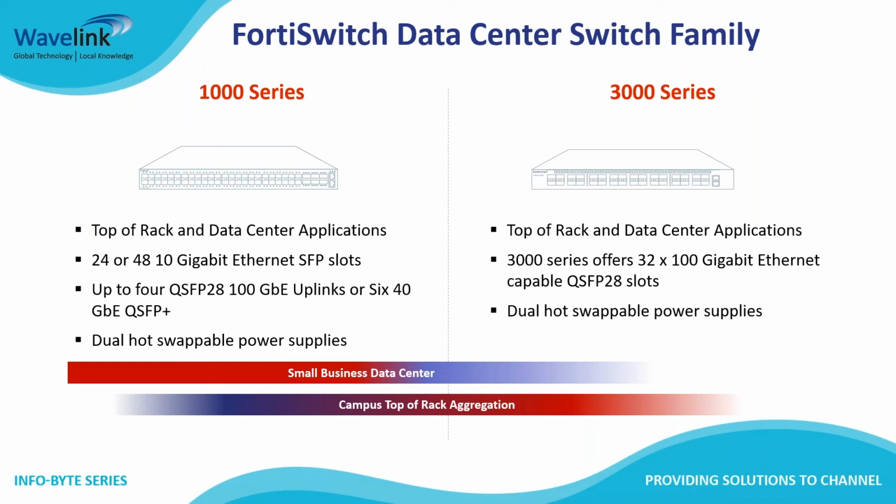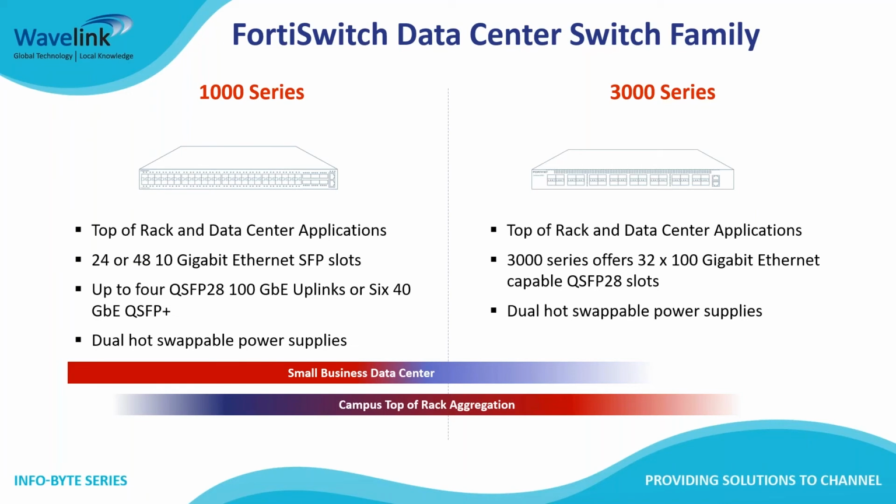Apart from the usual port density and other capabilities, one other fact that comes to mind when talking about the data center switch family is that this is where we start giving you hot swappable power supplies, dual hot swappable power supplies at that.